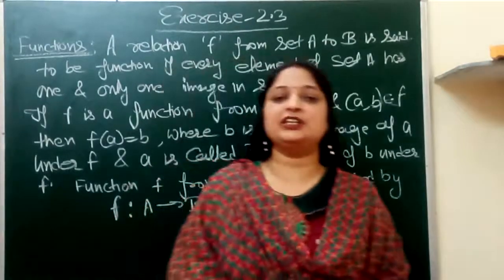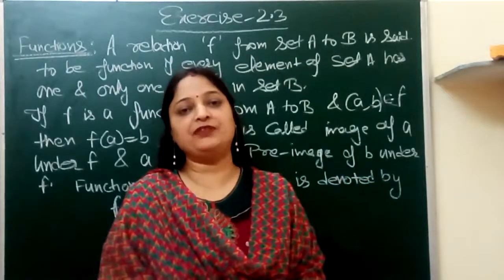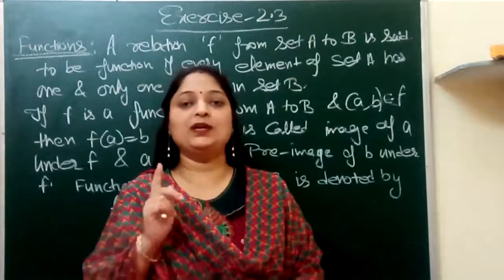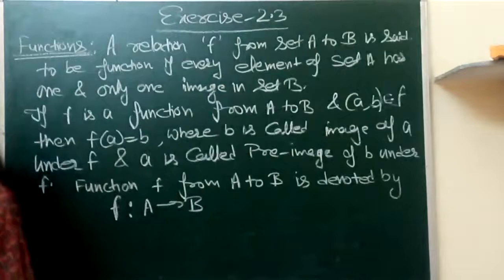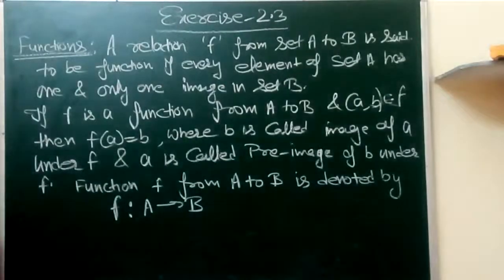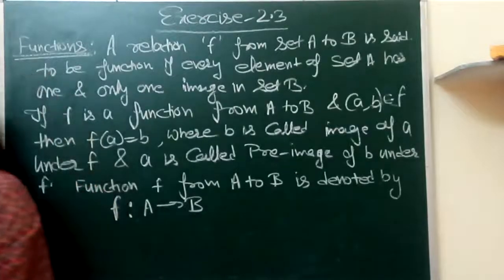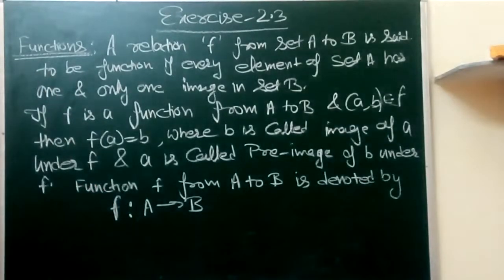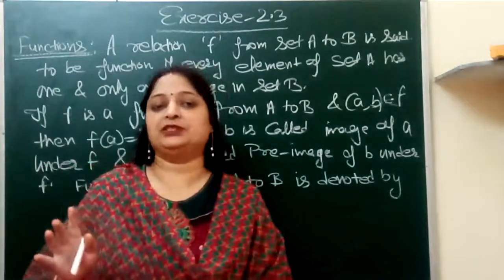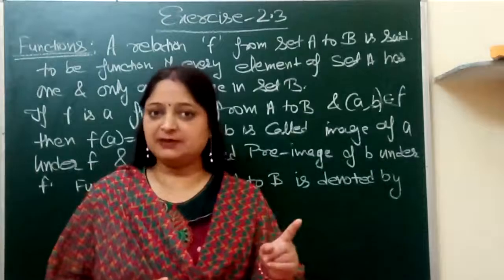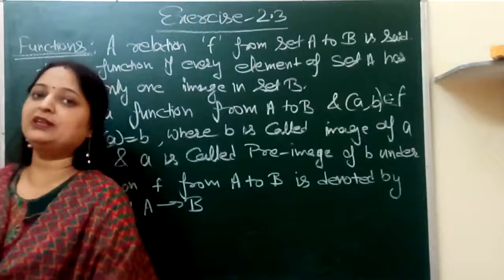A relation from set A to B is said to be a function if every element of set A has one and only one image in set B. It means every element in set A has an image, and no element in set A has more than one image.